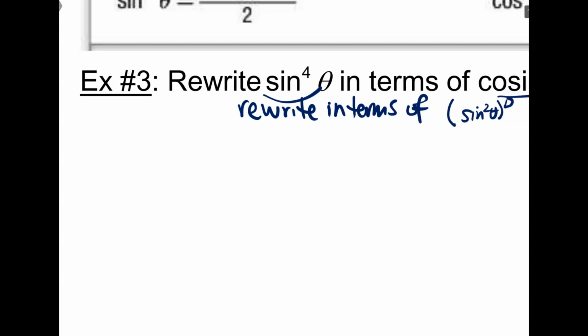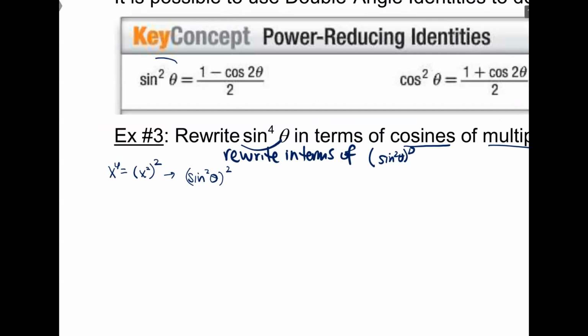I basically gave you the answer anyway. We know x to the 4th is just equal to x squared squared. So I'm going to rewrite it as sine squared theta, squared. We know what sine squared theta is. Let's plug it in right there. Beautiful.